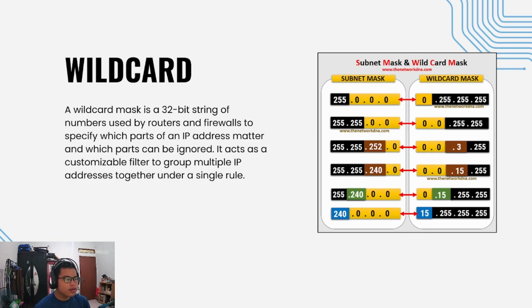It acts as a customizable filter to group multiple IP addresses together under a single rule. Just as we can see, if we have the subnet mask and we convert it into a wildcard mask, it becomes this. Okay, so now I'll be doing the example using Cisco Packet Tracer.